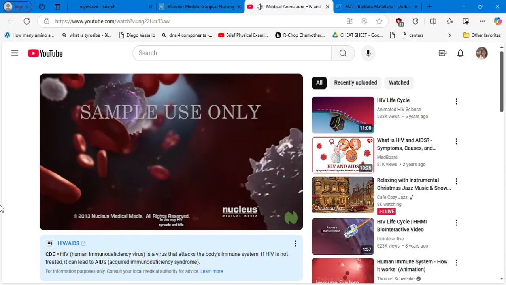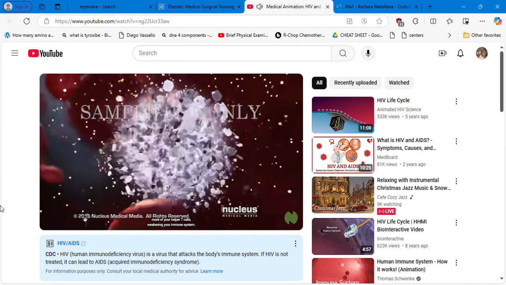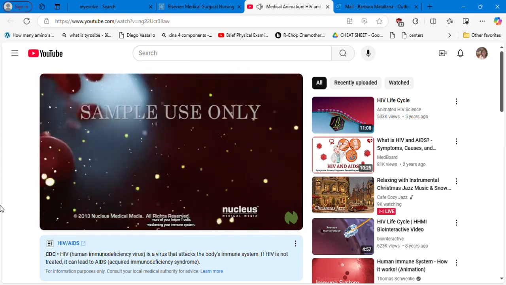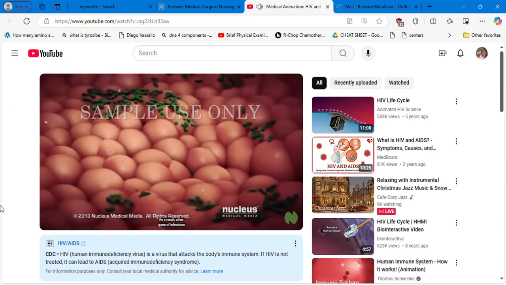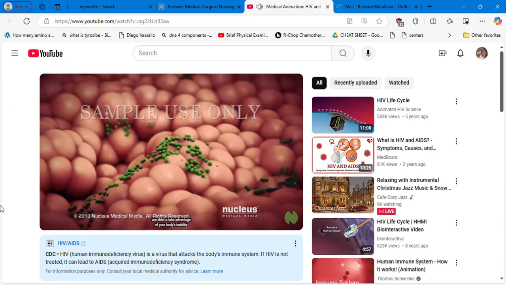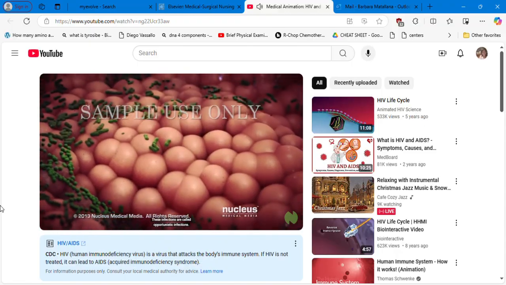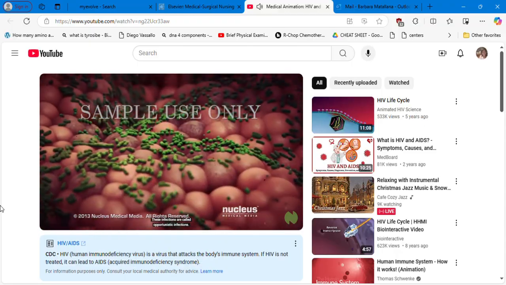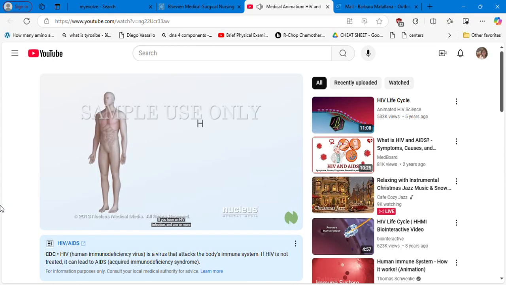In this way, HIV spreads and kills more of your helper T cells, weakening your immune system. As a result, other types of infections are able to take advantage of your body's inability to defend itself. These infections are called opportunistic infections. If you have an HIV infection and one or more opportunistic infections, you have AIDS.